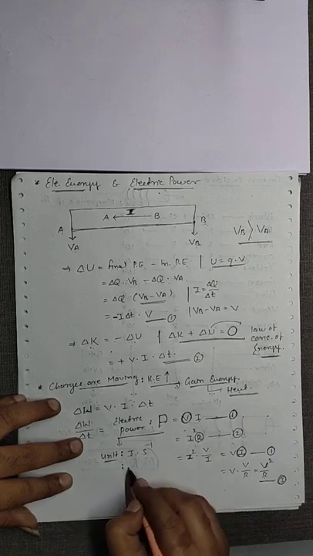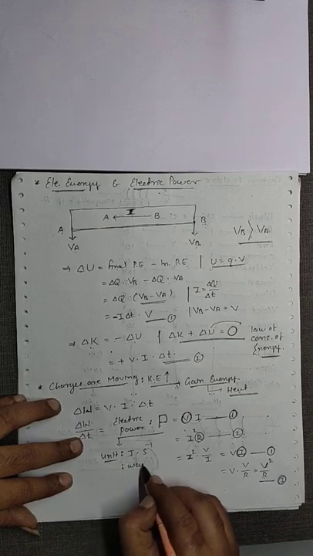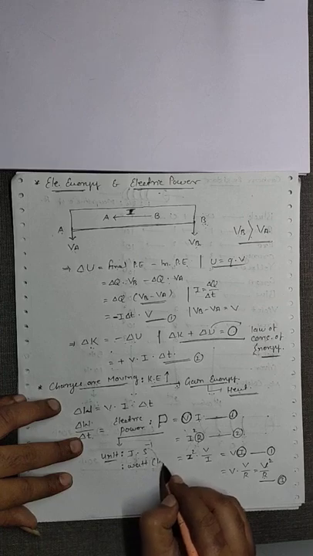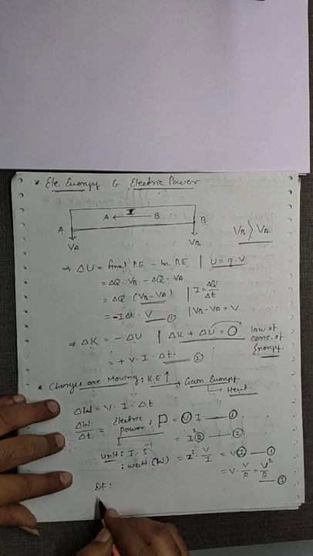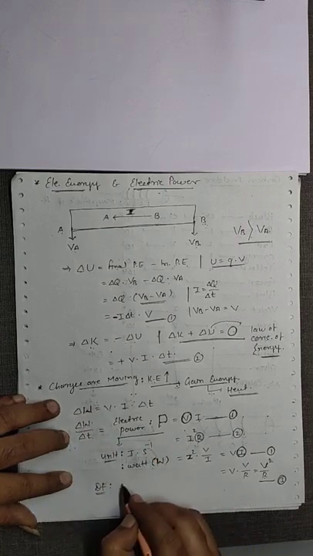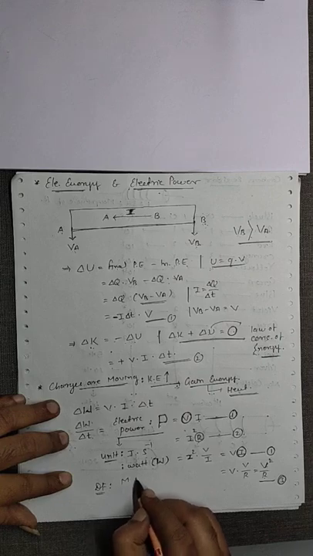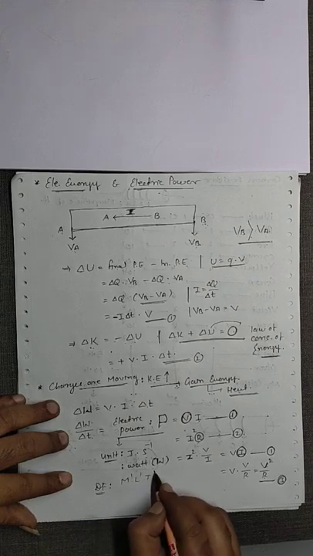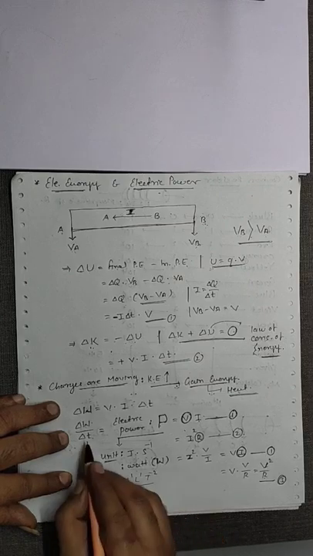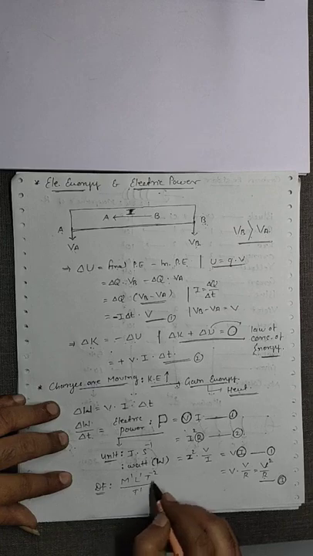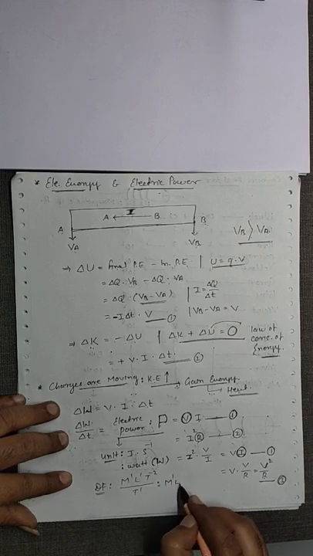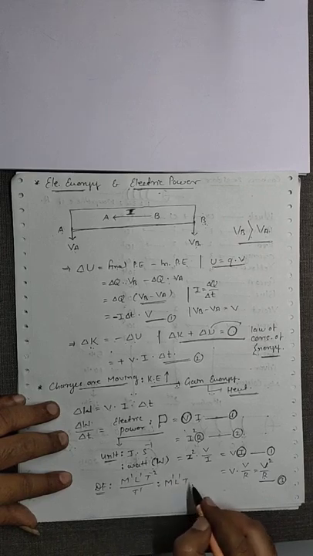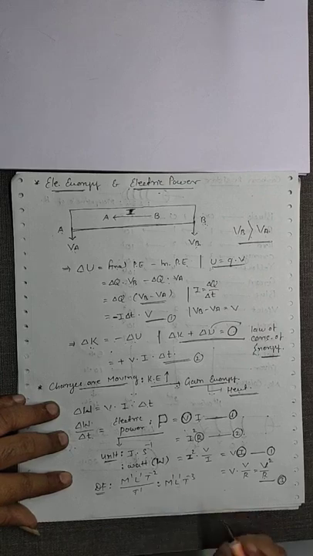It was named after the scientist Watt, W-A-T-T, or simply you can write capital W. And its dimension formula: work has dimension M1 L2 T minus 2, divided by time, that is T1, taken upside, so we will have the dimension formula M1 L2 T minus 3.